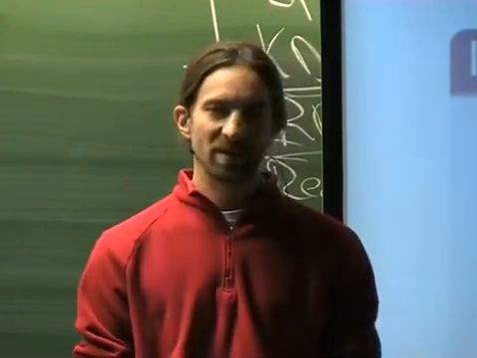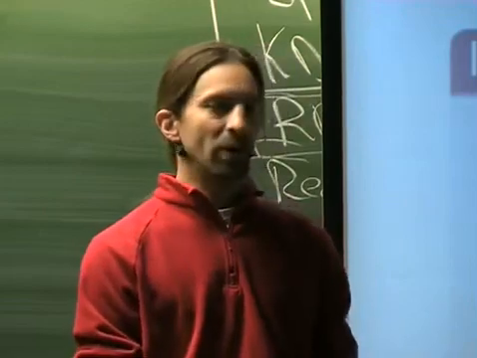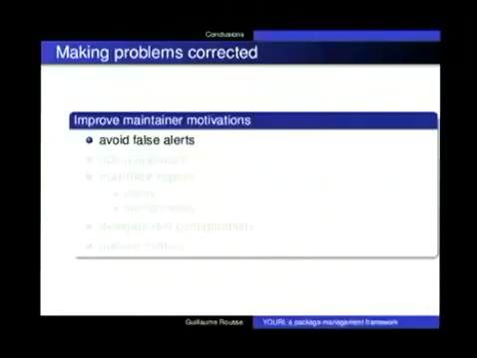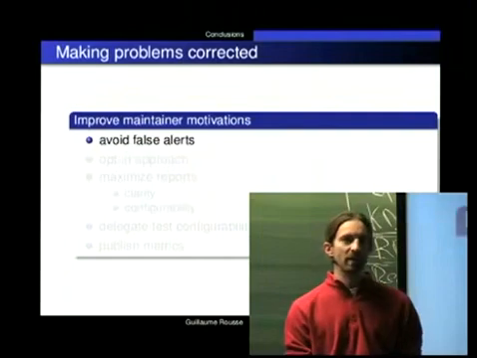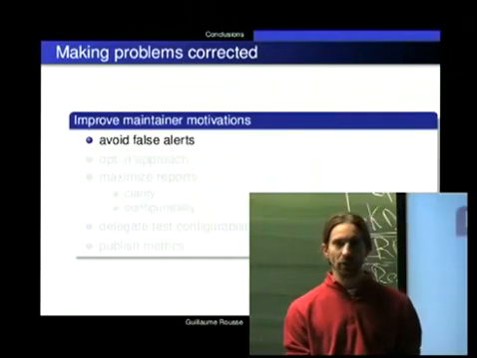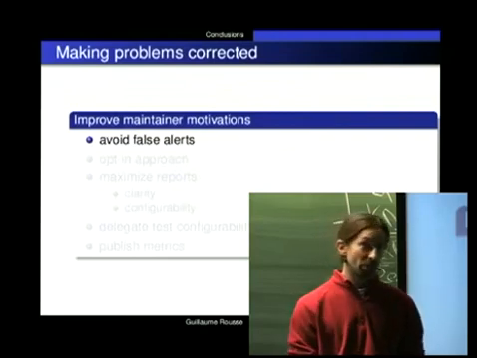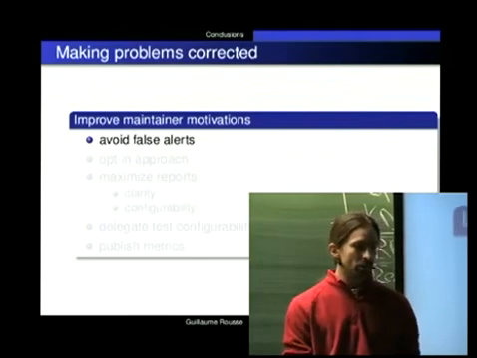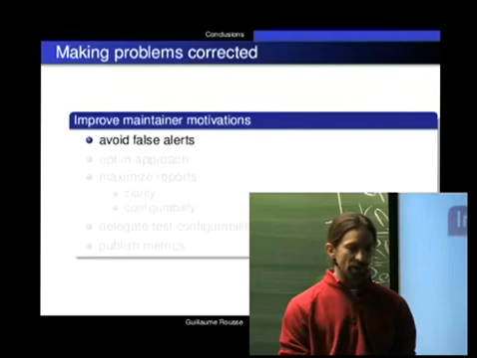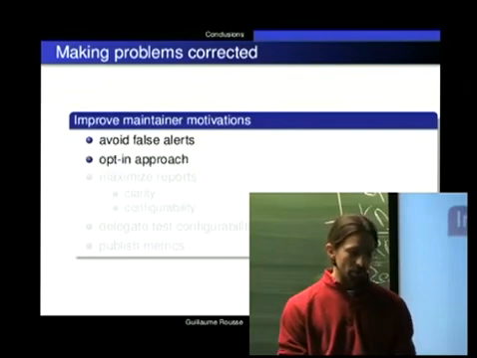So you have to avoid false alerts. If you have a wonderful tool that raises hundreds of alerts every day, the first day people will look at those alerts and eventually correct them. The second day they will ignore them, and the third day they will just blacklist your mail. So you have to avoid false alerts at maximum.